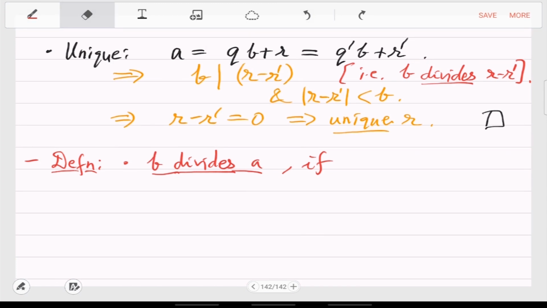If R is 0, and we denote this as B divides A notation.